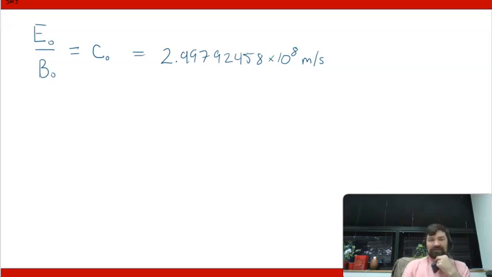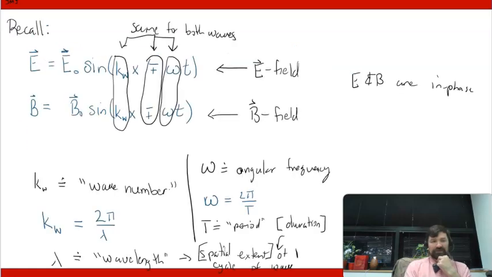It turns out that E naught over B naught, if you come back here and look at the way these equations are written, at any position x and time t, E naught over B naught times a constant is going to give me the same ratio.